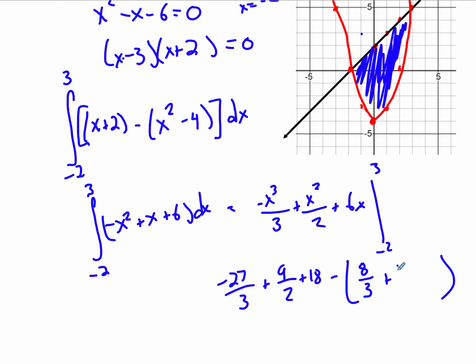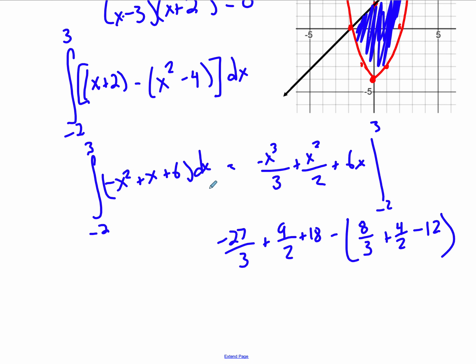Then we get 4 halves, and then we get 12. So we have negative 27 thirds minus positive 8 thirds. That's negative 35 thirds. Then we have 9 halves minus 4 halves, that's 5 halves. Then we have 18 minus negative 12, and that's 30.